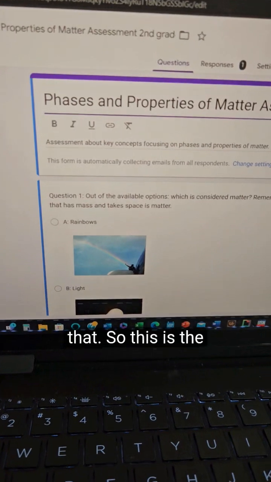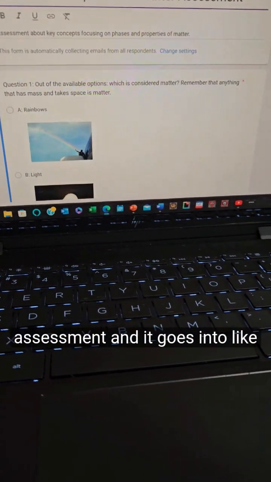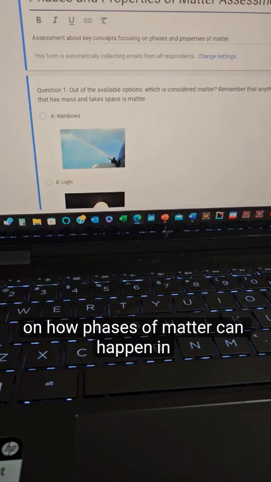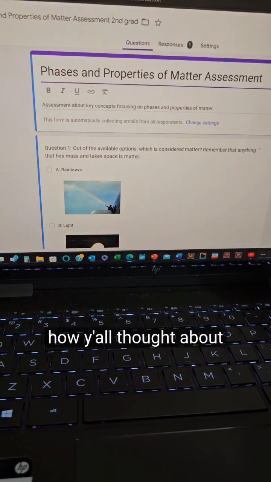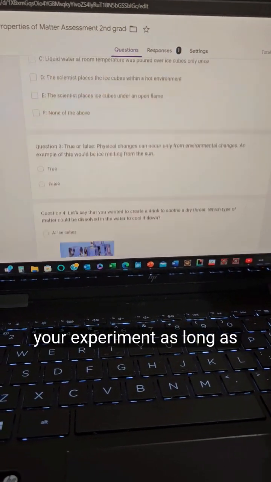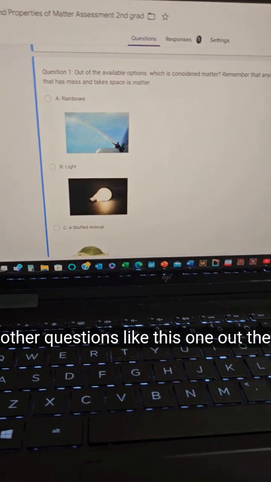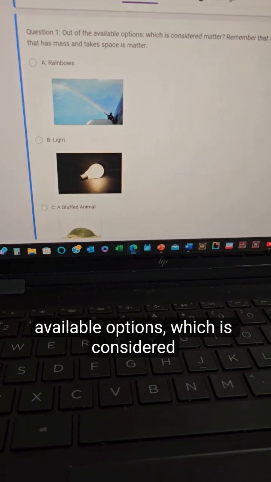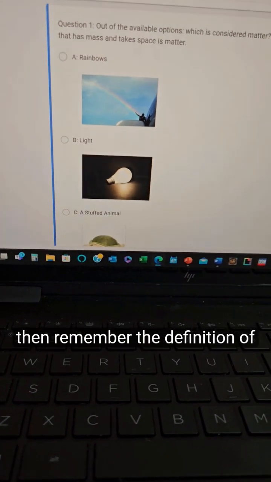So this is the phases and properties of matter assessment. And it goes into situational questions on how phases of matter can happen in real life, and how y'all thought about your experiment so far, and other questions like this one: out of the available options, which is considered matter? Anything, and then remember the definition of matter.